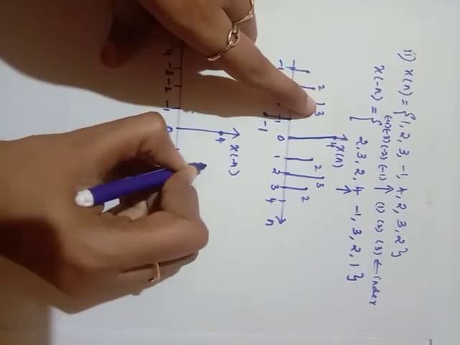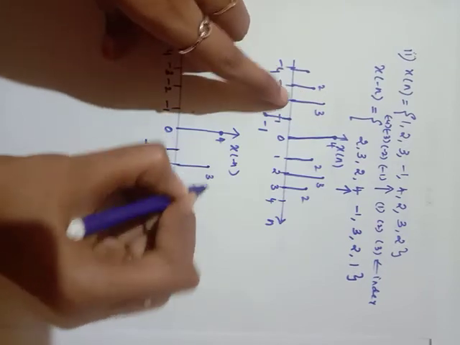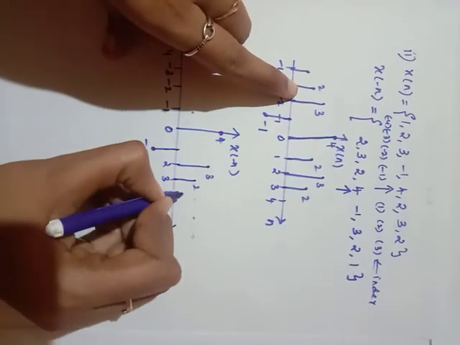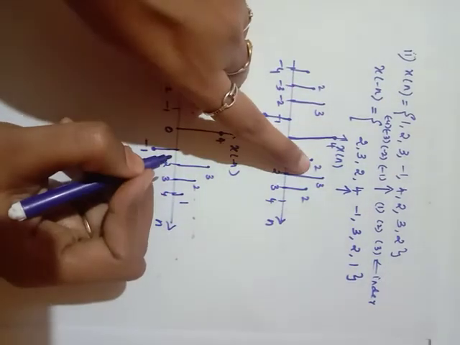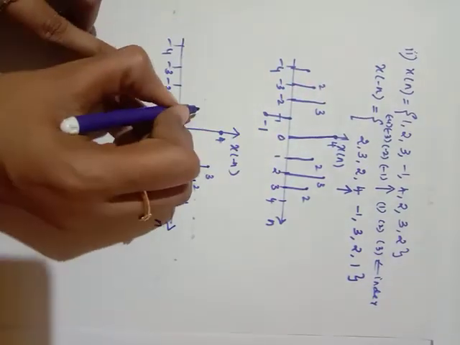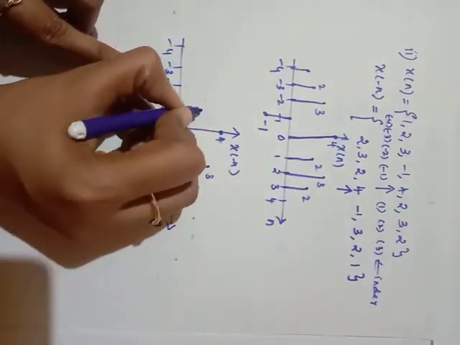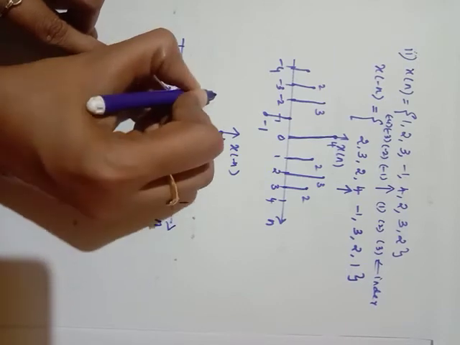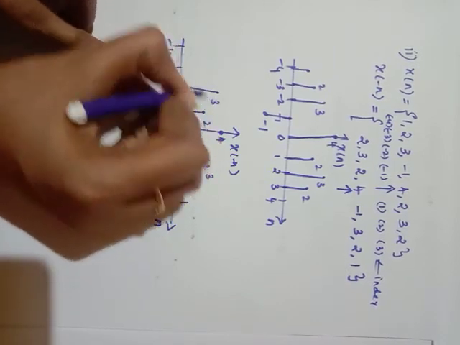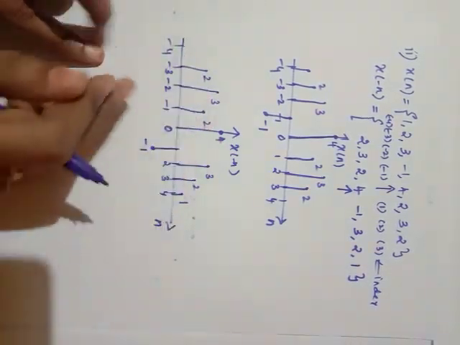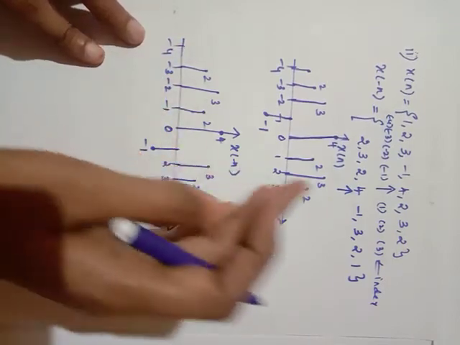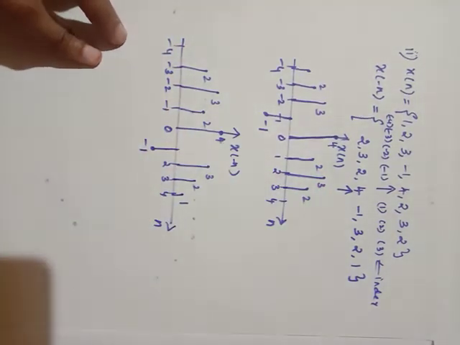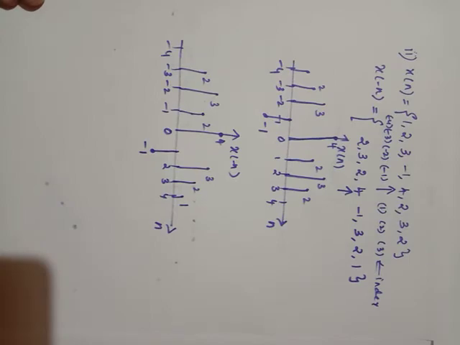So here you will have 3, next it is 2, and next it is 1. Next here positive side values will come to the negative side, so here it is 2, here it is 3, here it is 2. So now both the sides are reversed. So this is what the time reversal. Hope you understand this time reversal operation.